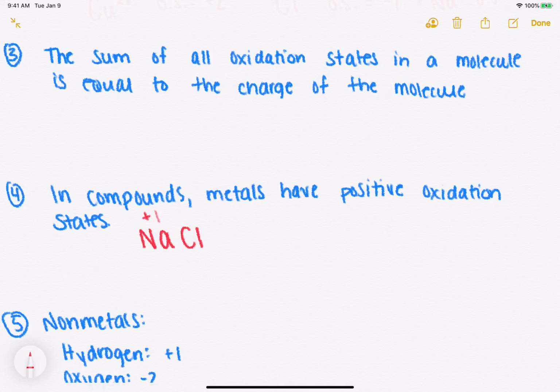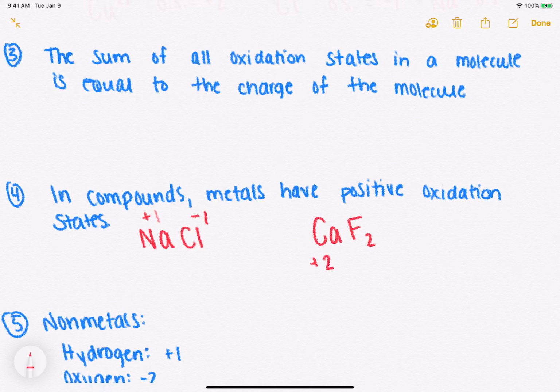Our Cl, in order to balance out that +1, will have a -1 oxidation state. As you can see, for ionic compounds, they work really similarly to charge. It's not exactly the same thing. Oxidation states are just a method of electron counting, but in some cases, it ends up being the same number.